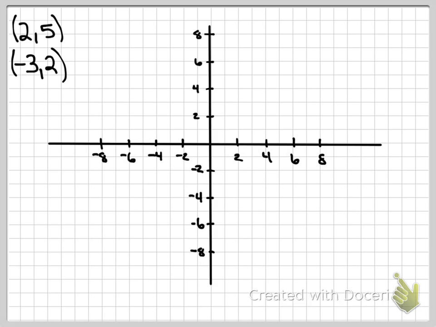Plot these points and draw a line through the points, and then we're going to find the slope. So we go over 2, up 5. Right here. Did you plot a point there? Yes. Then we go left 3, up 2. Did you plot a point there? Yes. Okay, draw a line through the points.